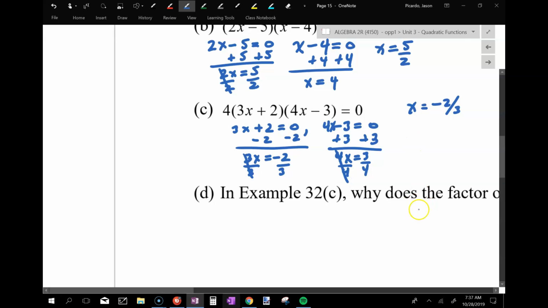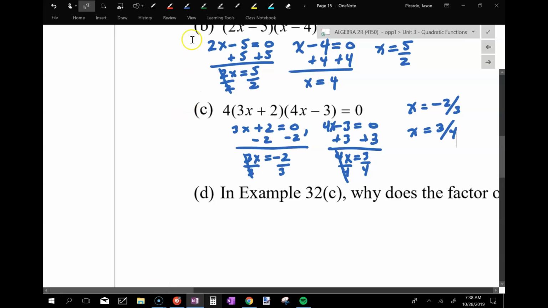And here I get an answer of 3/4. That cool? So again, I want to stress it, guys. Did this 4 have any bearing on the factors and the solutions of the problem? No, right? Because 0 times 4 is still 0, right? This 4 doesn't matter.